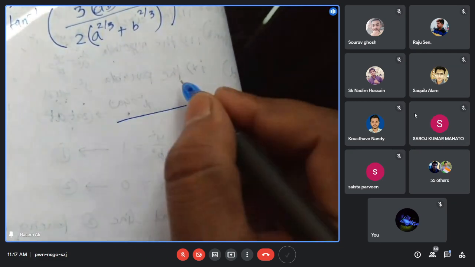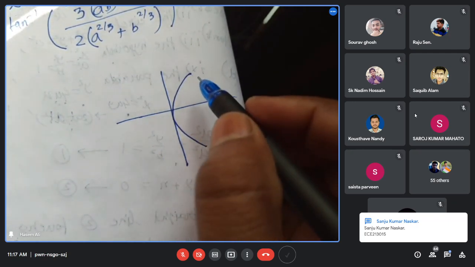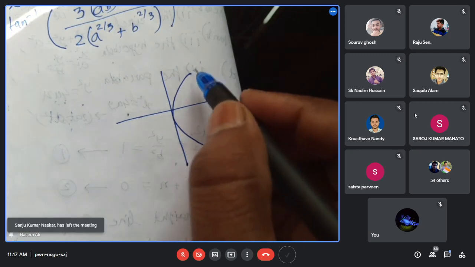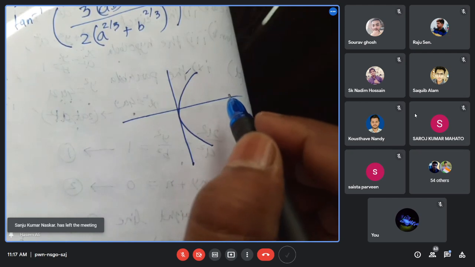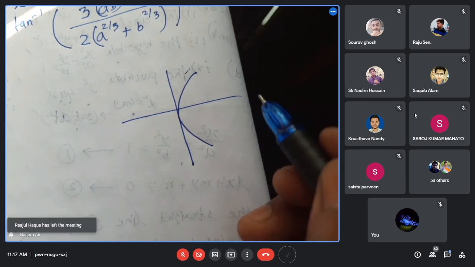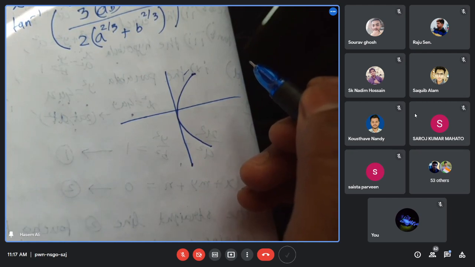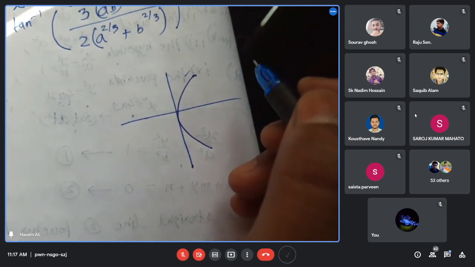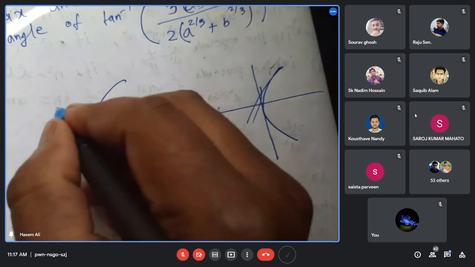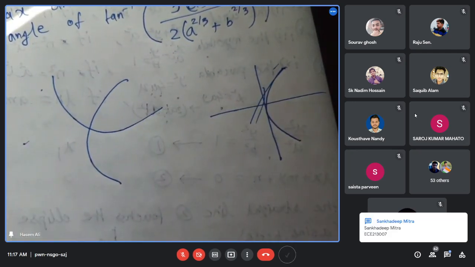One parabola looks like this. These are our two parabolas.